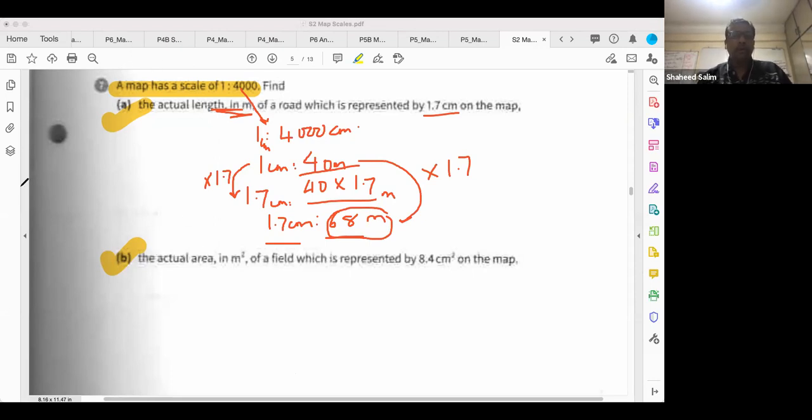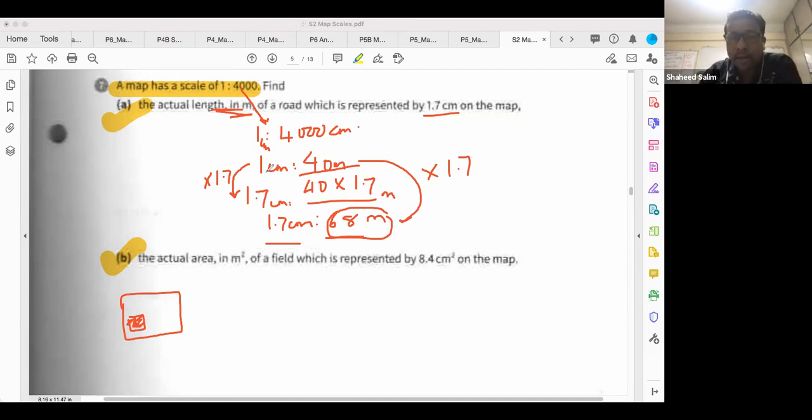So the next one now, you try, or I go through with you the next one. We go through together now. Now on the map, they have this area now. The area is 8.4 square cm. Area is measured in squares, right? On the map, this part of here, this is the area. They want to know in reality how big is it.